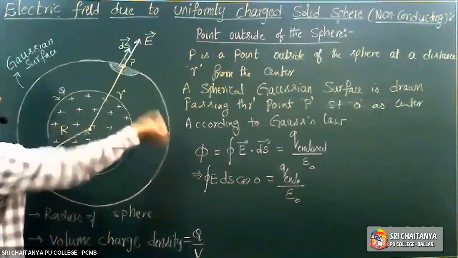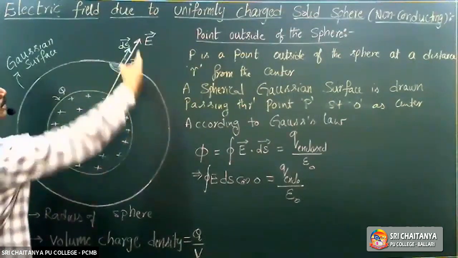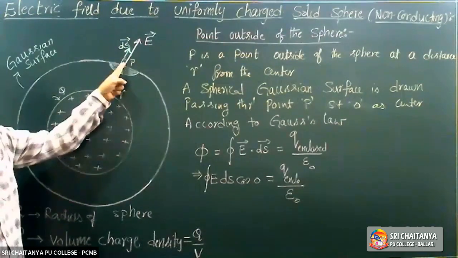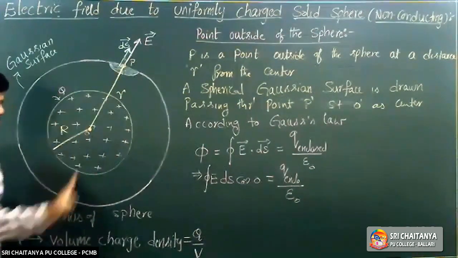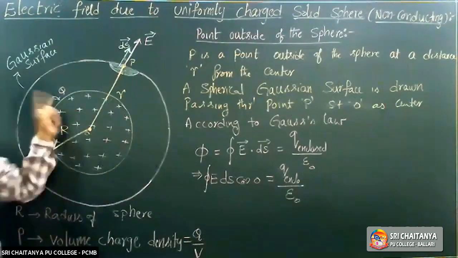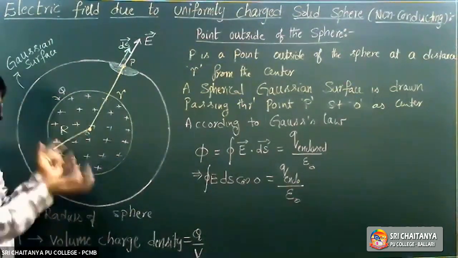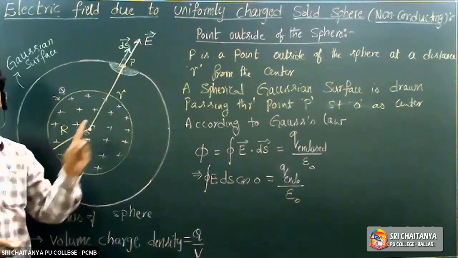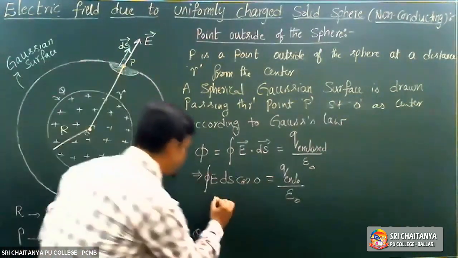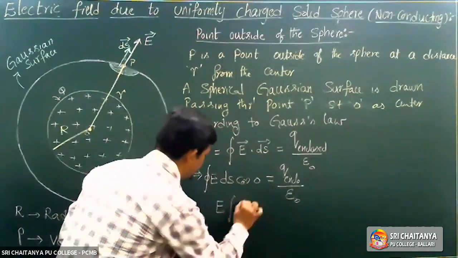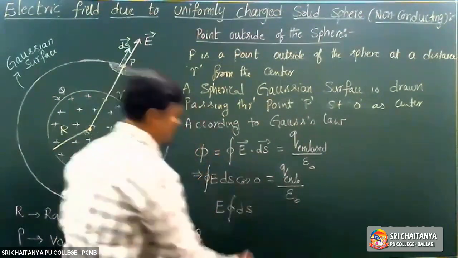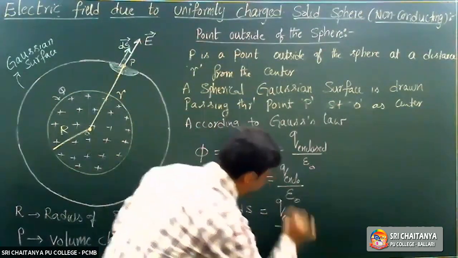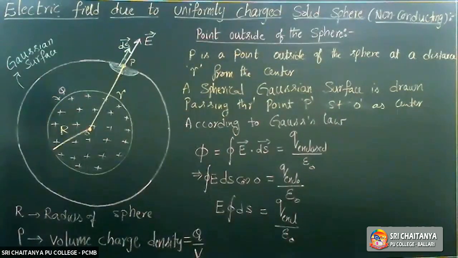On this Gaussian sphere, at every point E is constant, because it is symmetrical. So E is the same at every point on the spherical surface. Take it out: E integral of ds equals Q enclosed by epsilon naught.